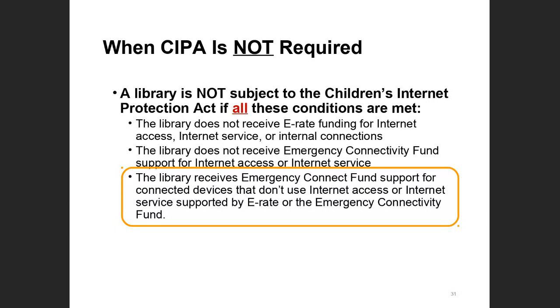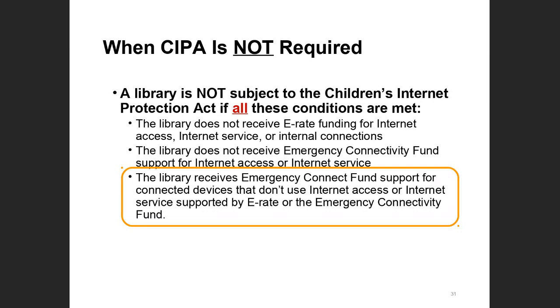So again, if you're just requesting the connected devices and really not anything else, then your library could get emergency connectivity funding. So this might be an opportunity for, say, Lexington Public Library. They're not CIPA compliant. They only get E-rate discounts for the transport circuits that connect their branches.